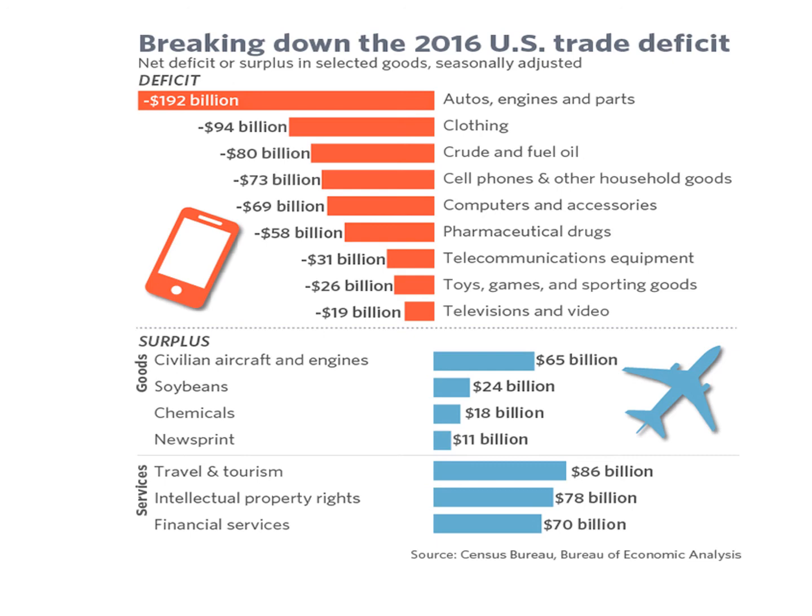Even if the country is an ally, the pandemic has taught us that it's not always that accessible to acquire goods when the whole world is worried about some type of virus. I talk about toys and televisions and such. Also, when you look at surplus, we have a huge surplus in civilian aircraft and engines, $65 billion.